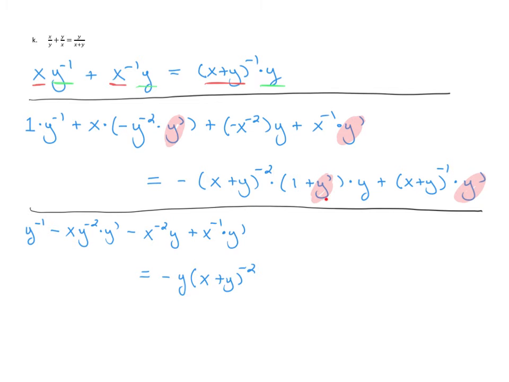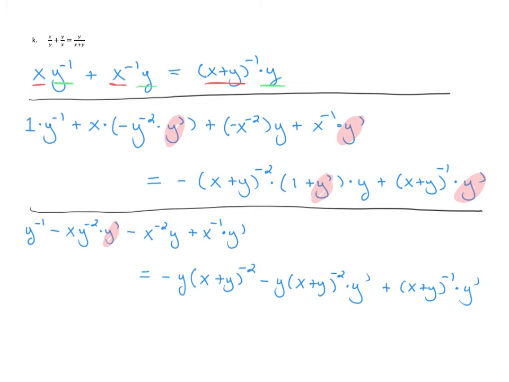And I'm going to do the same thing for this y prime. So we get another negative y, x plus y to the negative 2 times y prime. And then lastly, I'll just copy down this x plus y to the negative 1 times y prime. Okay, that stuff. Where are the y primes?